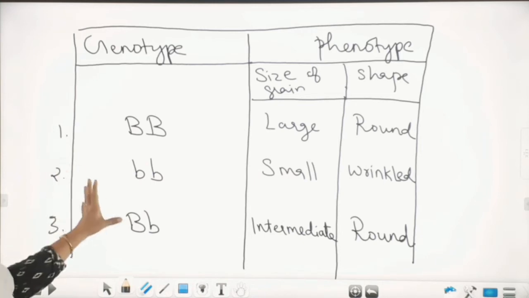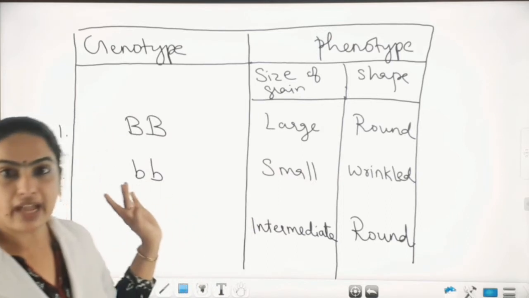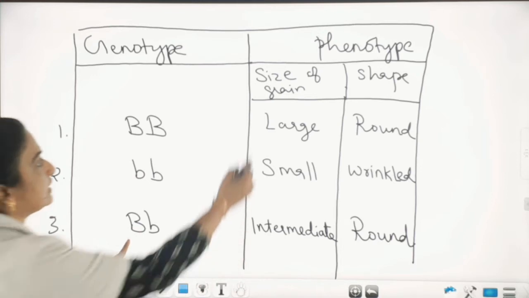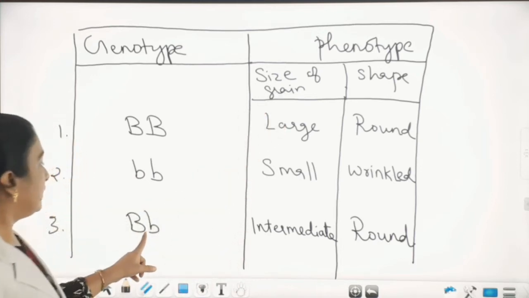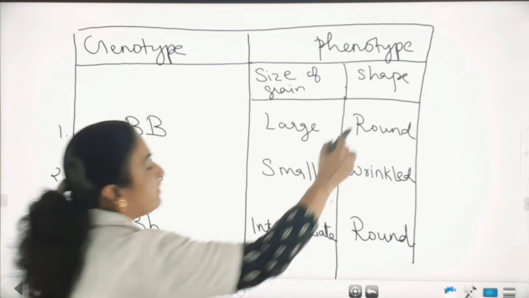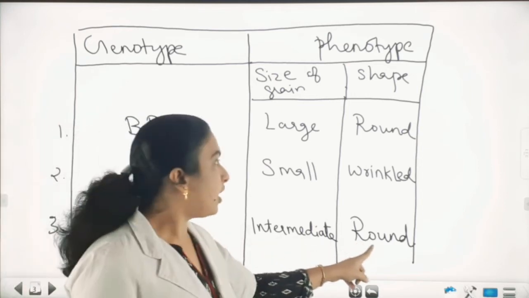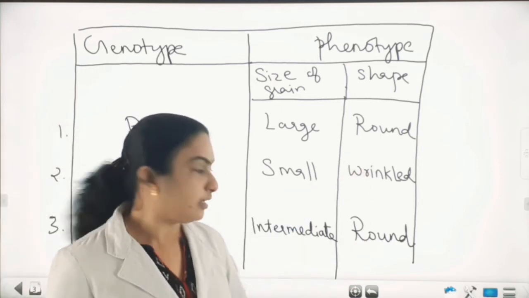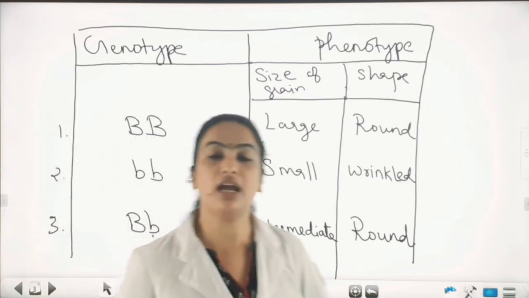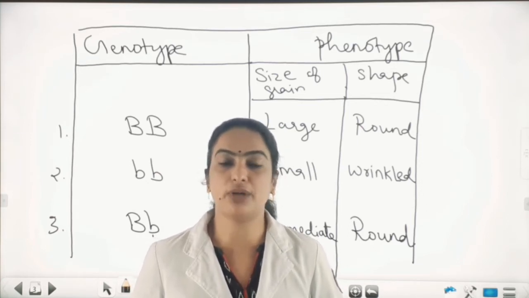So we can say one gene can control more than one character. When we consider the size of the grain, this capital B, small b show incomplete dominance. When we consider the shape of the seed, capital B, small b show dominant character. Or we can say capital B is the dominant and small b is the recessive when we consider the shape of the seed. Is it clear about Pleiotropy?